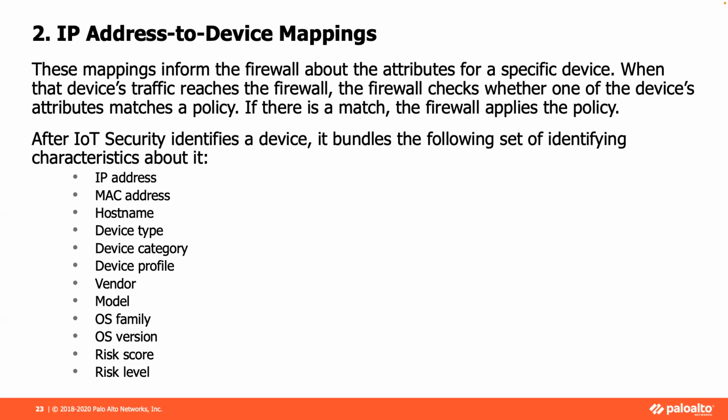It has this host name. It is a security camera, not a thermostat. It was made by this vendor, it's this model. And we assign a risk score and a risk level and say, you know what, this thing's safe to use or it's risky to use. All of that is part of the IP to device mapping.